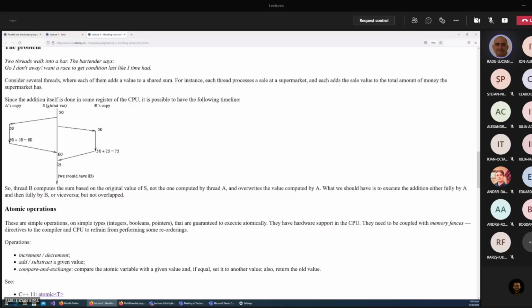The problem is that there is an assumption when you do this operation in isolation, namely that this is the value that the supermarket has in the account, and from here to here, nobody uses this value, especially nobody modifies it.